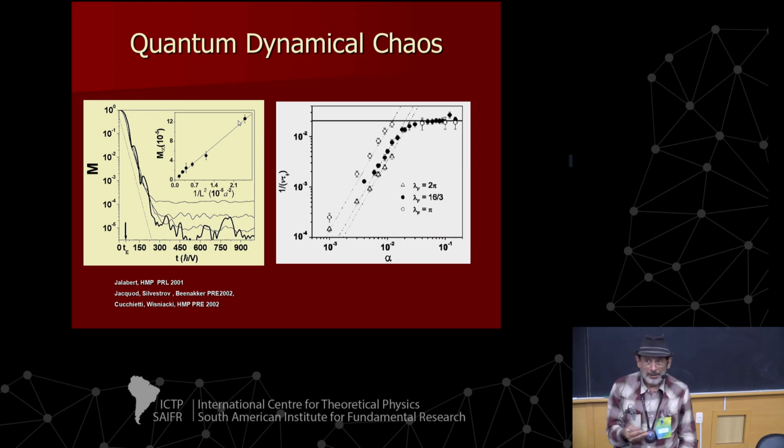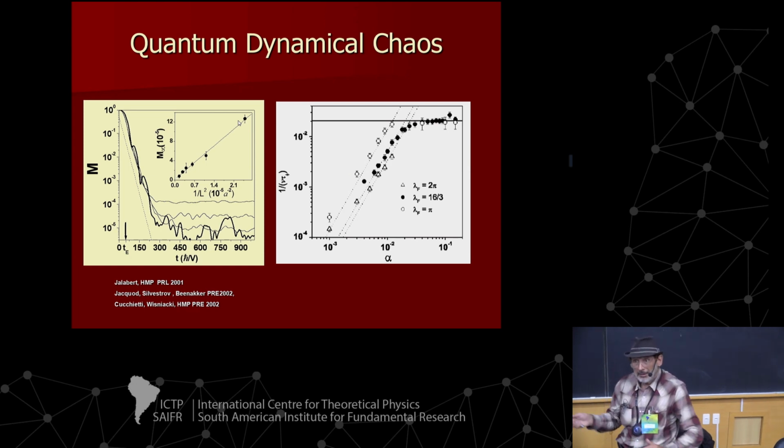That's the point. Someone asked me afterwards what the Lyapunov exponent is in quantum mechanics. It's the same: the one in quantum mechanics is this decay, and you obtain it by evaluating the dynamics of a wave packet, the forward and backward dynamics.